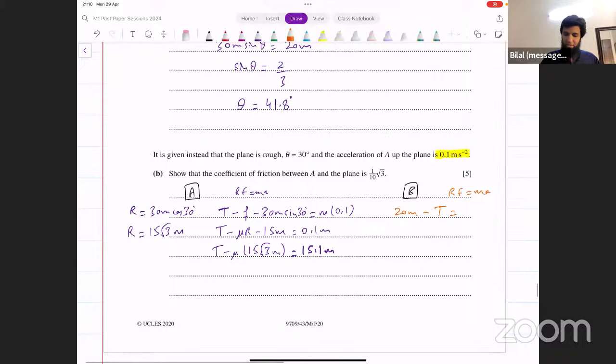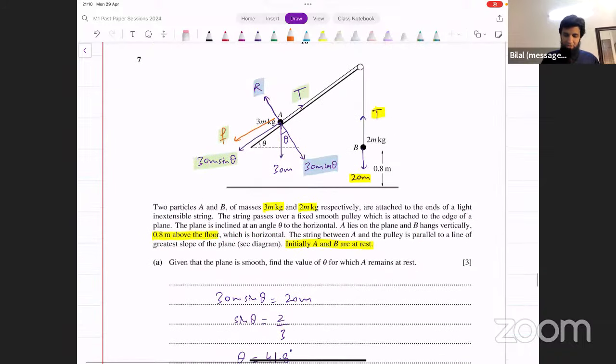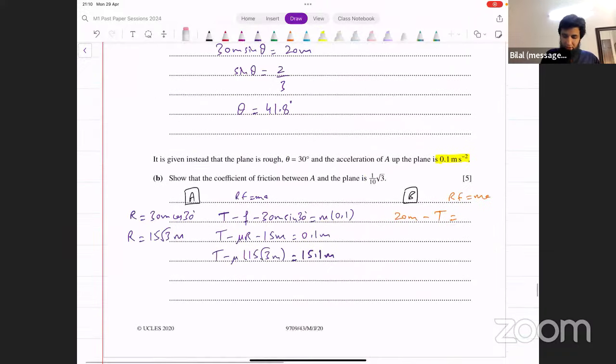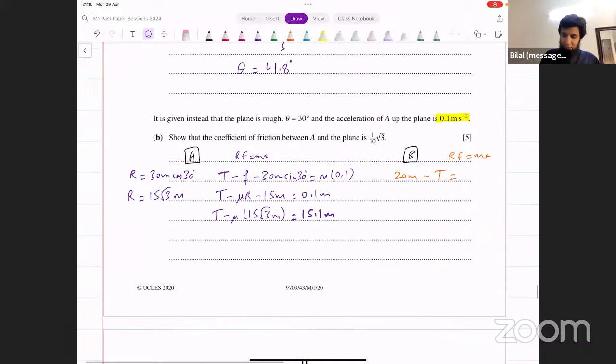I'm sorry about that. Mass was not m. For A, the mass was 3m, and for B, the mass is 2m. Let me correct that here. On the right side here, it should have been 3 times m. So it's 3m into this.